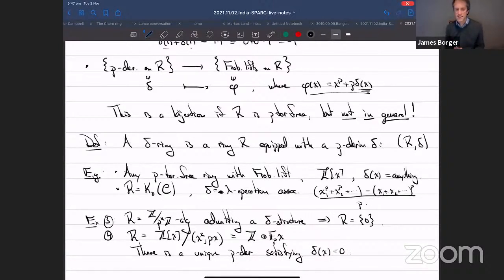So that's the exercise. It's kind of obviously unique, because this ring is generated by one element x. So once you specify it on x, there's at most one way of extending it to the rest of the ring.